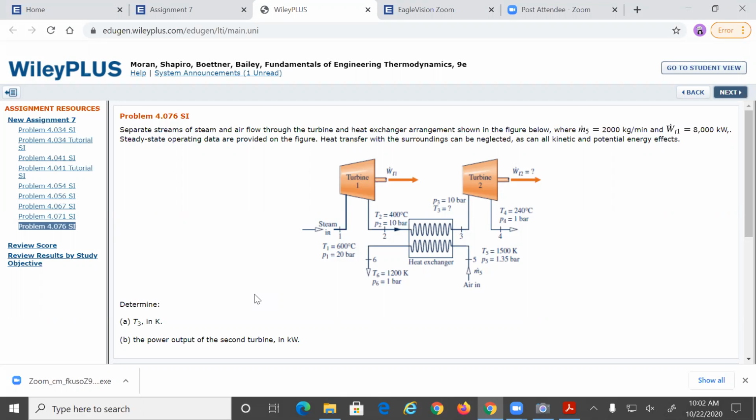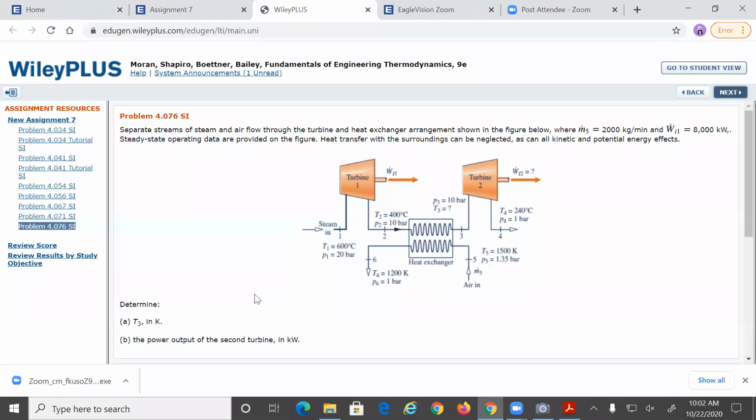On one side, we're gonna have steam. Steam at 1: T1 is equal to 600 degrees Celsius, P1 is equal to 20 bar.